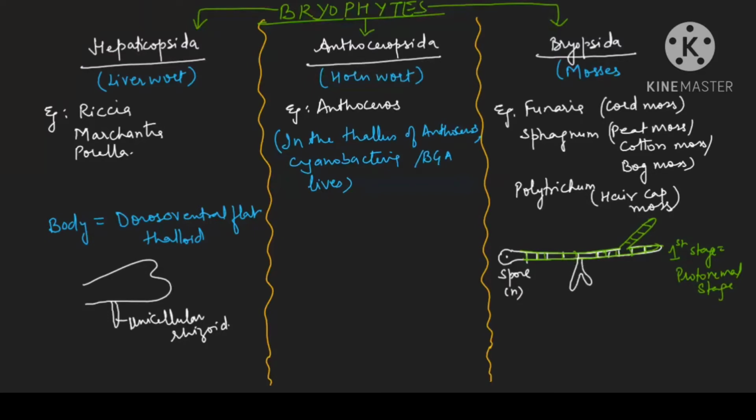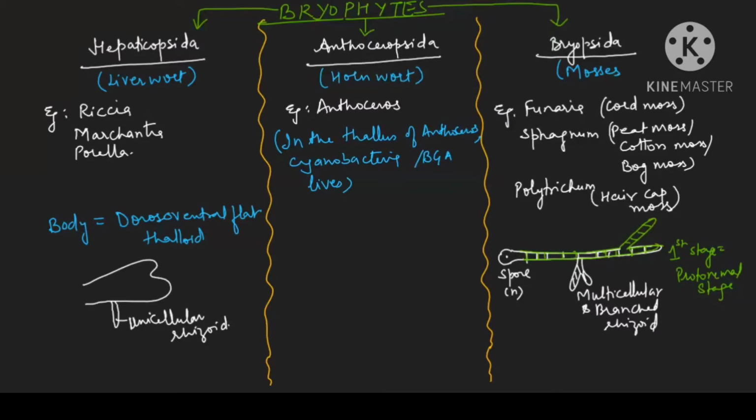This is multicellular with oblique septa. We are drawing oblique septa. So here the rhizoid is unicellular in liverwort, but here we will say it is a multicellular, branched rhizoid.